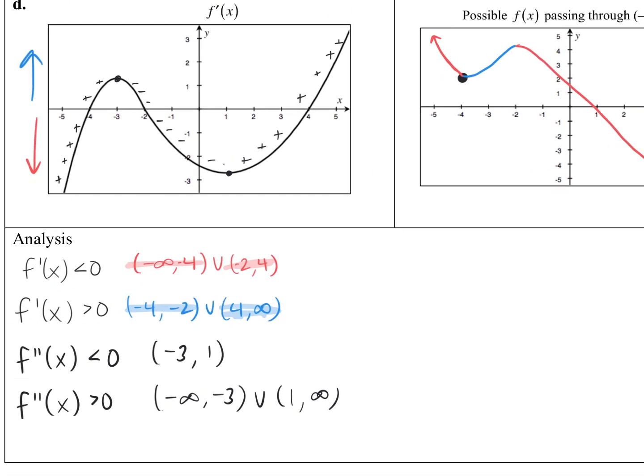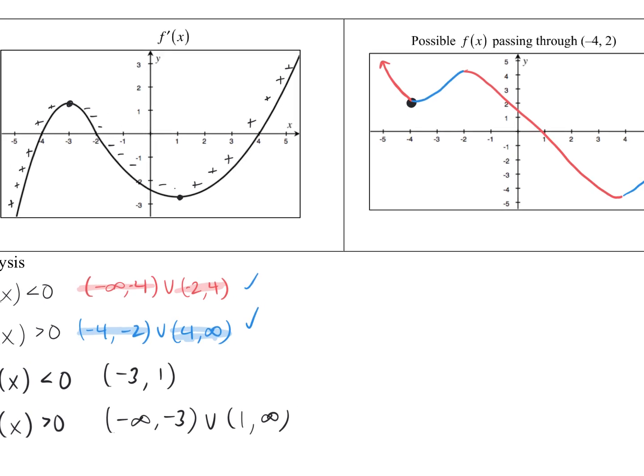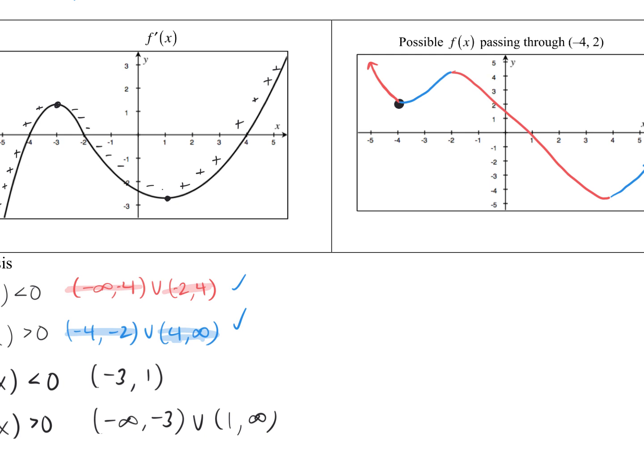Now let's see, because these two things are checked off. Those are good, right? Let's double check that our concavity also works for our graph. So it is less than 0 or concave down from -3 to 1. So if we look at our graph, from -3, right here, to 1, it is concave down. Do we agree with that? Yeah, I agree.